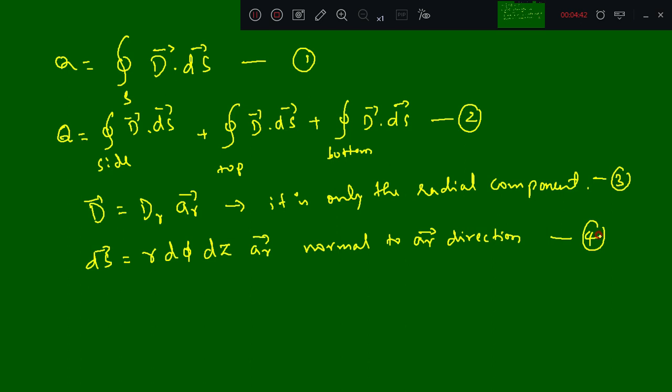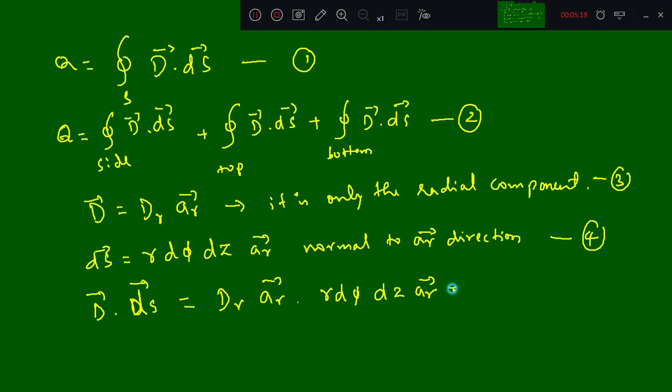So now what is D dot dS? D is Dr into aR, then into r d phi dz into aR. aR into aR is 1.